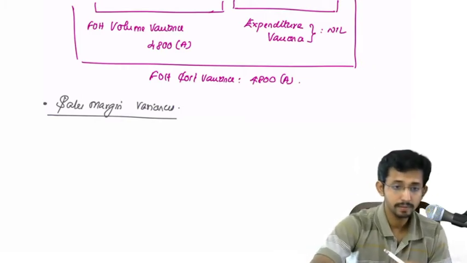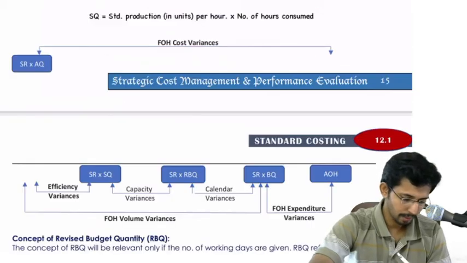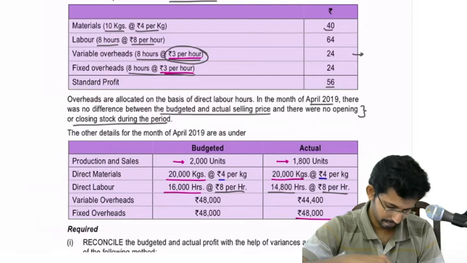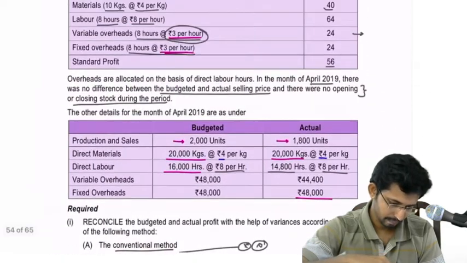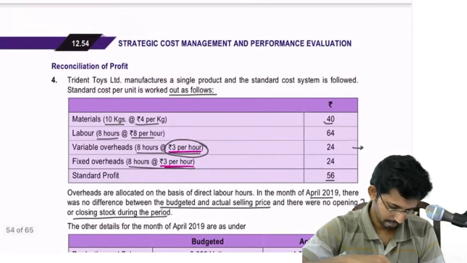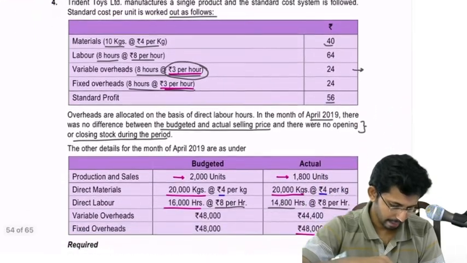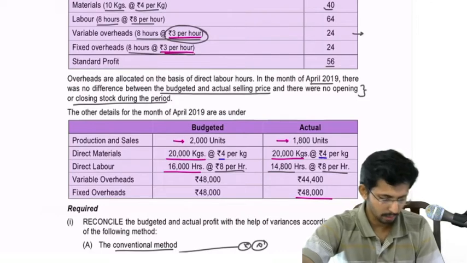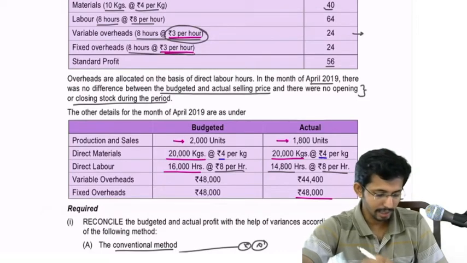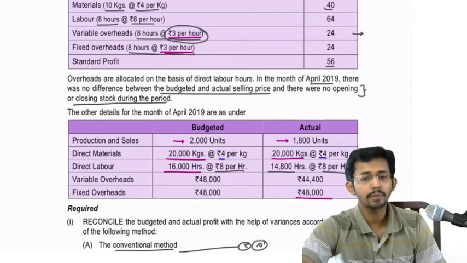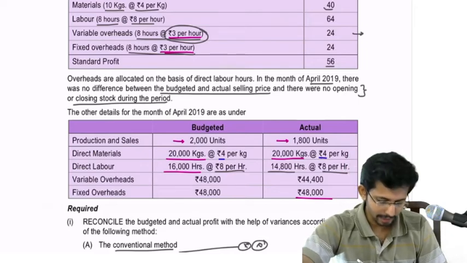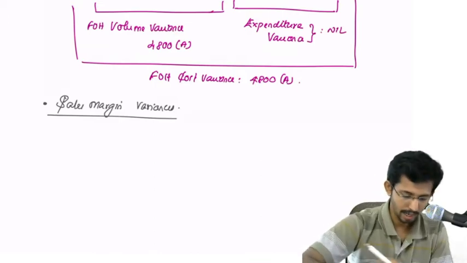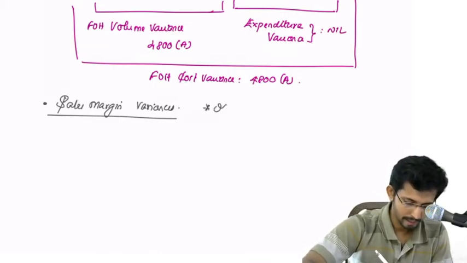If you see the question, do you have any information regarding the selling price per unit? No, there is no information regarding the selling price. So what we have to do? We have to assume that the selling price is the same as per the budget as well as per actuals.